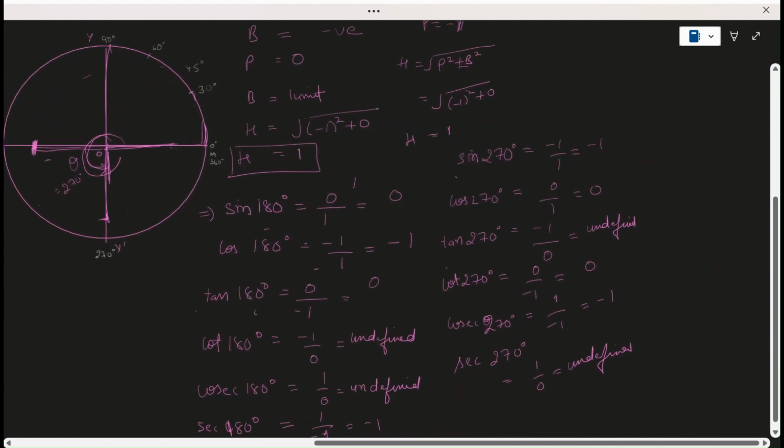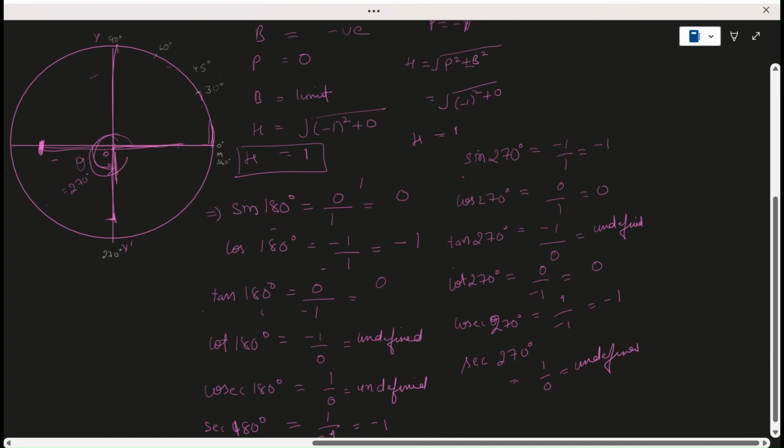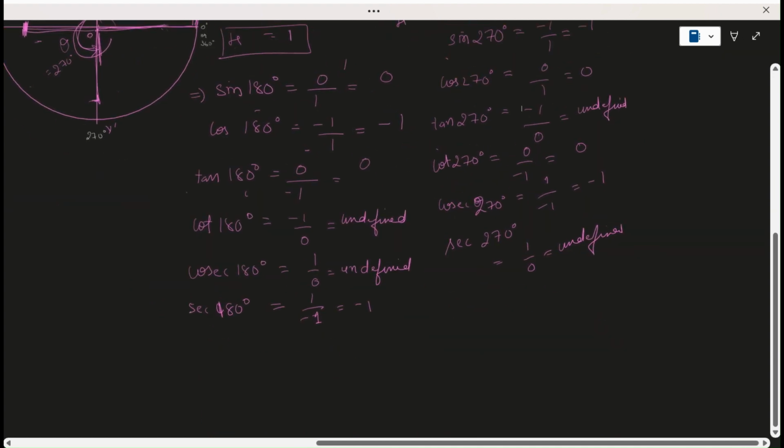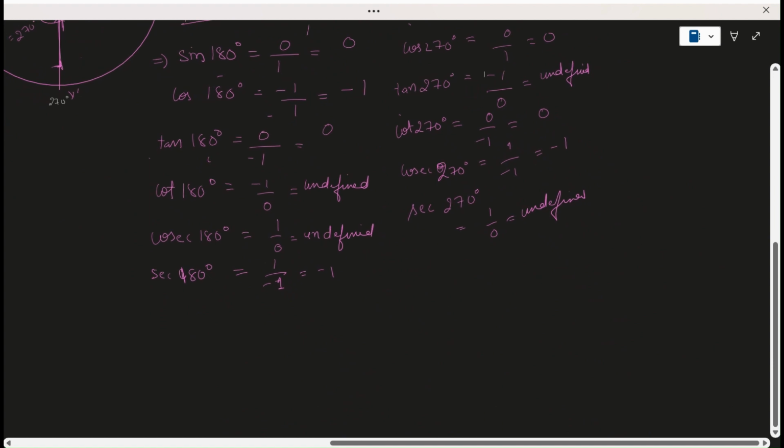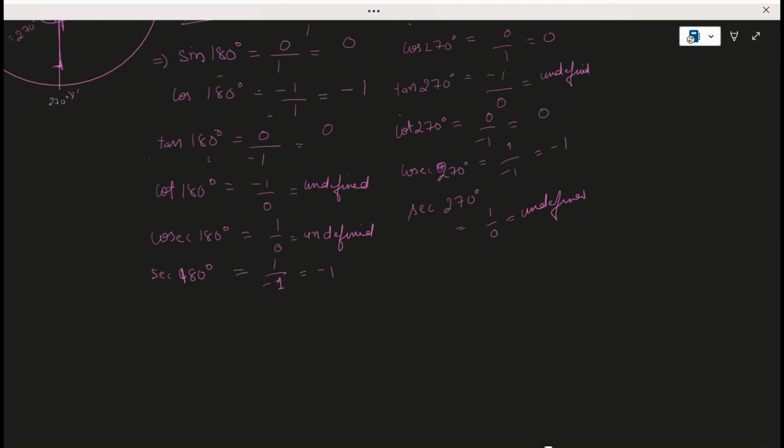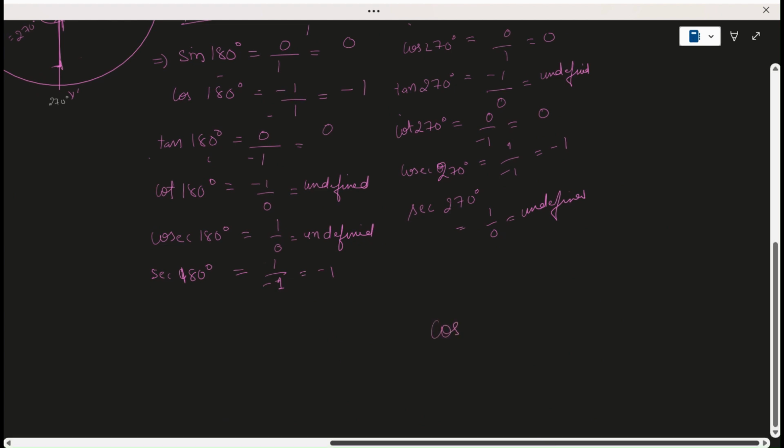I suppose it is enough for today. Tomorrow we will see how we convert different angles and what the relation is. Suppose we have a cos value for 135 degree. It is not directly given in the table, so we don't have a direct value for this.